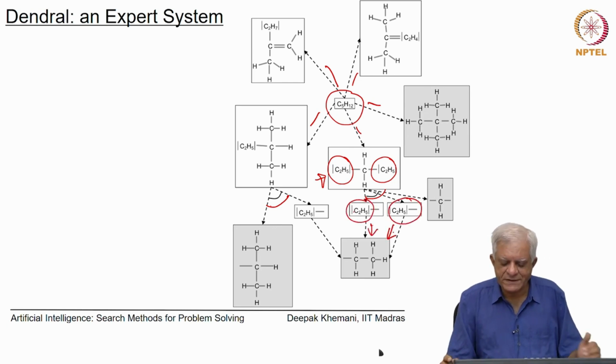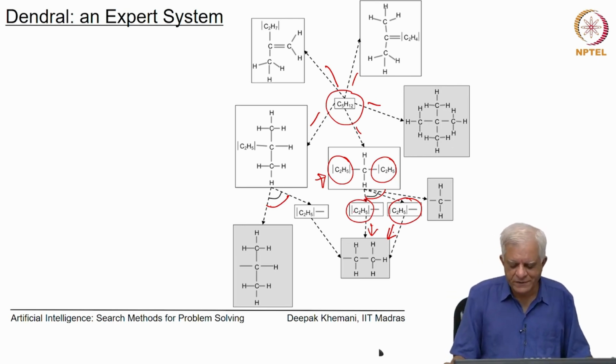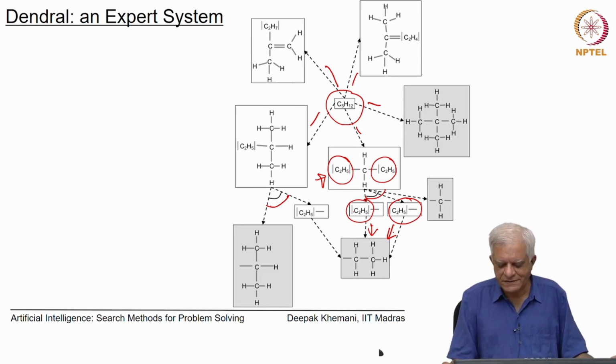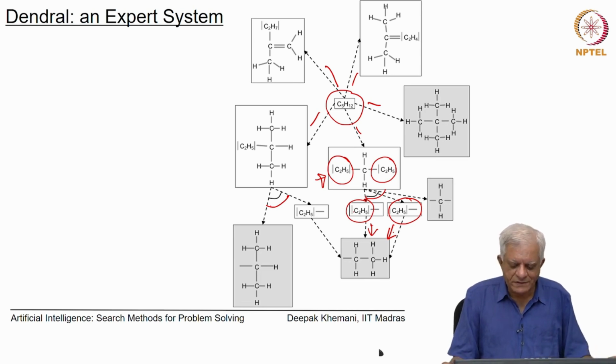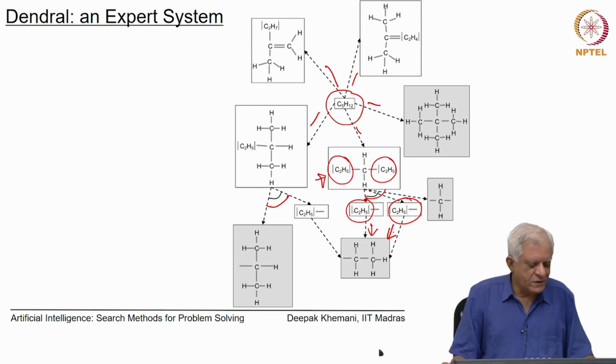That is why, as I said some time ago, the search space can be a graph as opposed to a tree. It does not have to be a tree. The ones shaded here are completely solved, which means there is nothing unknown about the structure, and those could be candidate solutions that Dendrol would explore.